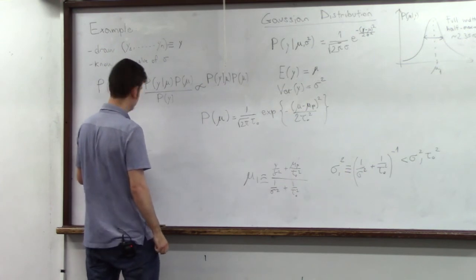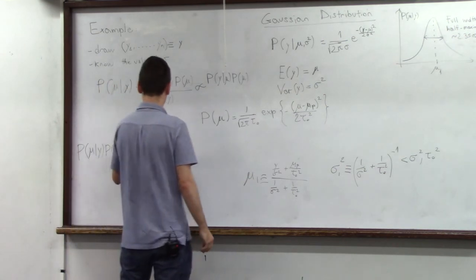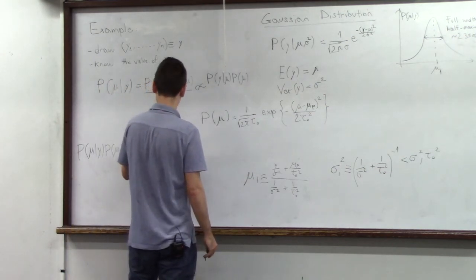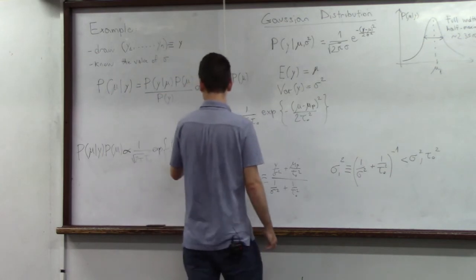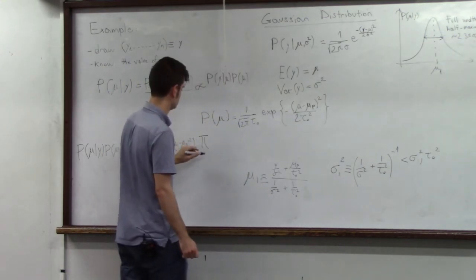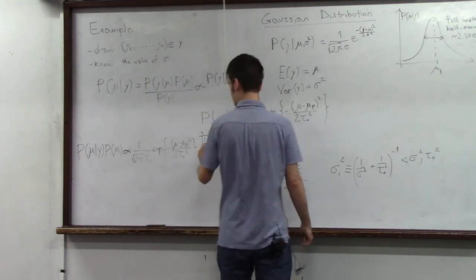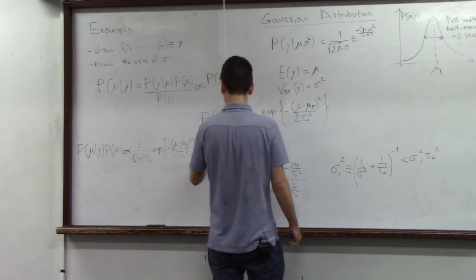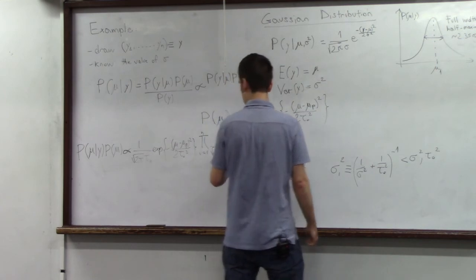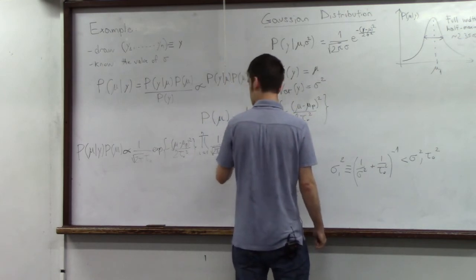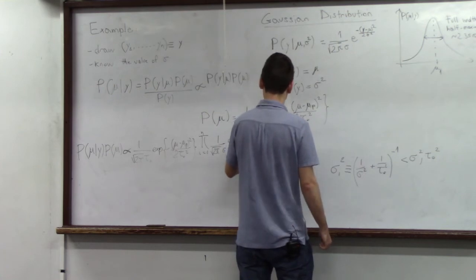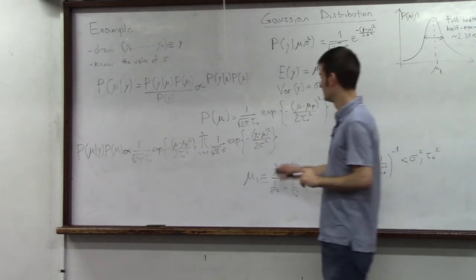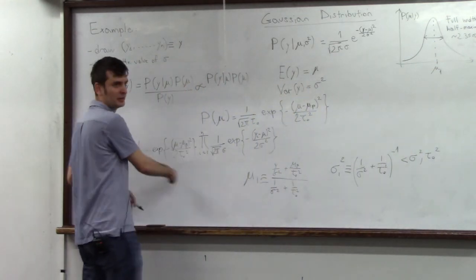So let's write the prior first. All right, so we have n Gaussians times 1 Gaussian in mu.